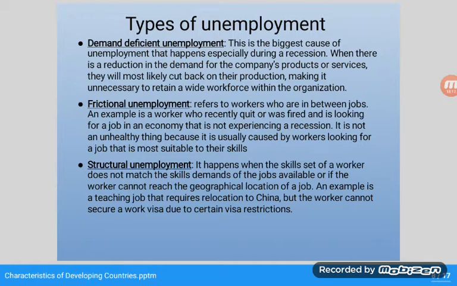Now, what is demand deficient unemployment? This is the biggest cause of unemployment, and it happens in times of recession. When there is a reduction in demand for companies' products or services, they will most likely cut back on their production, making it unnecessary to retain a large workforce within the organization.